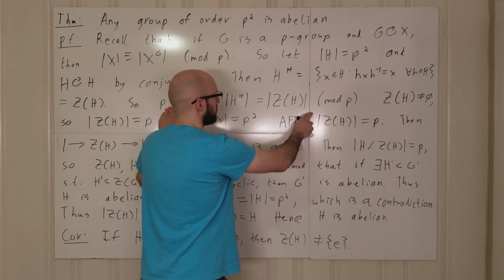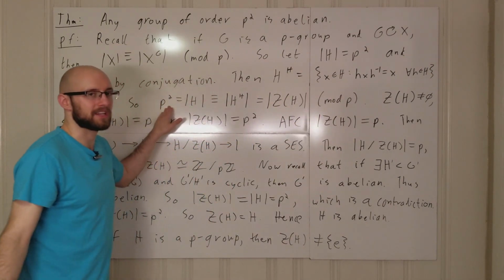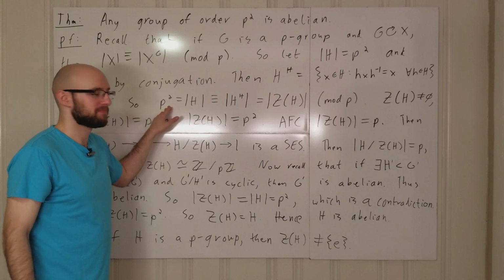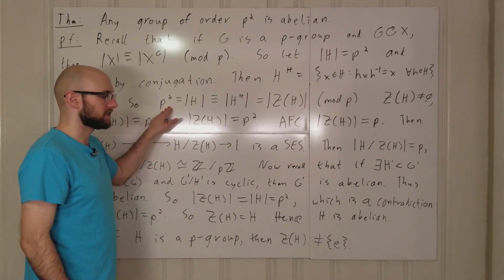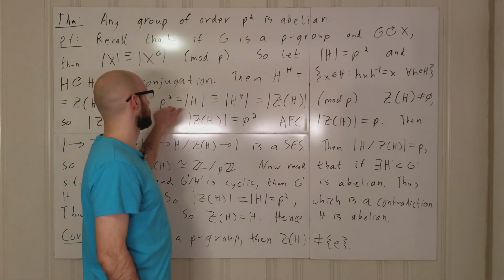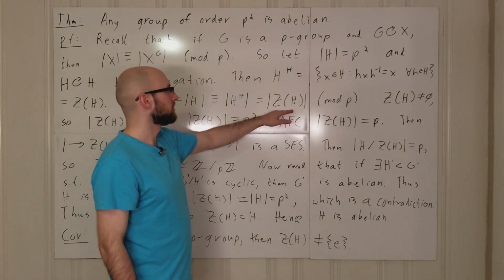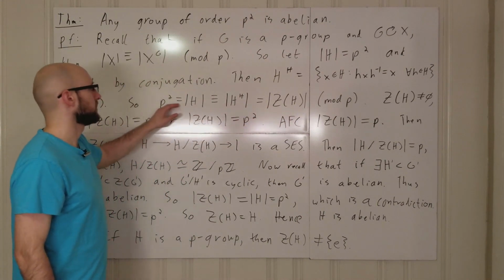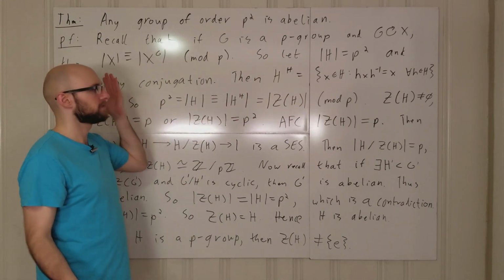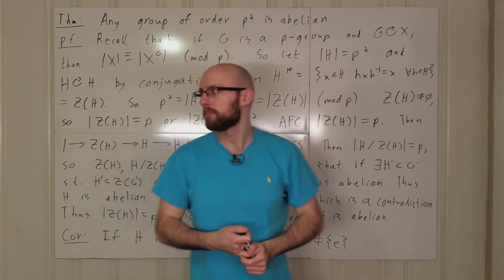And right, if it were the case that the center were trivial, then you'd have 1 mod p is congruent to p to the n, but p to the n is going to be congruent to 0 mod p, and so that's impossible.